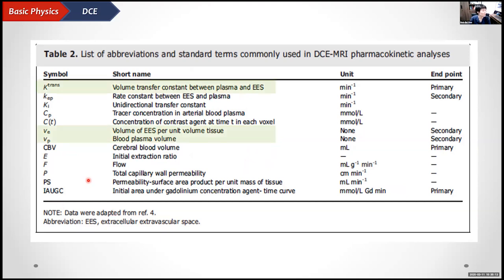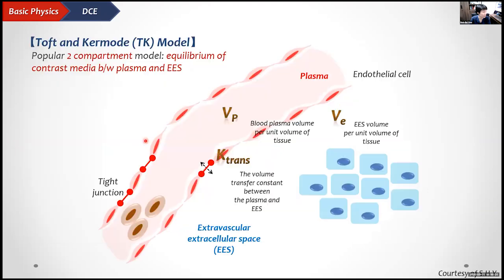Of those, the three most popular ones are Ktrans, Ve, and Vp. Ktrans corresponds to the volume transfer constant between plasma and extracellular extravascular space. Ve corresponds to the volume of EES per unit volume of tissue, whereas Vp corresponds to blood plasma volume.